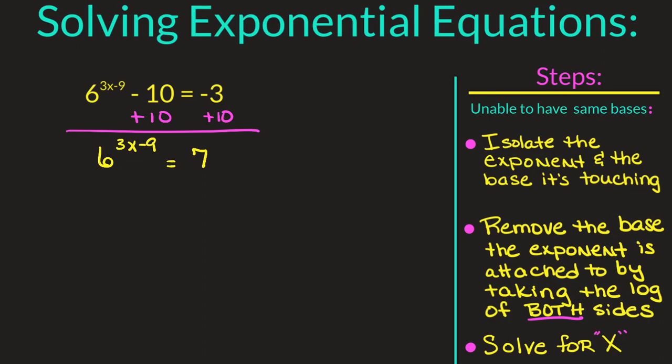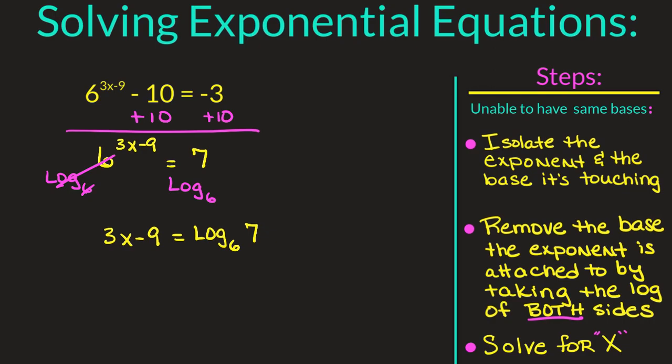Now we need to log base 6 both sides. This will get rid of the base and the log. And that now leaves us with 3x minus 9 equals log base 6 of 7.